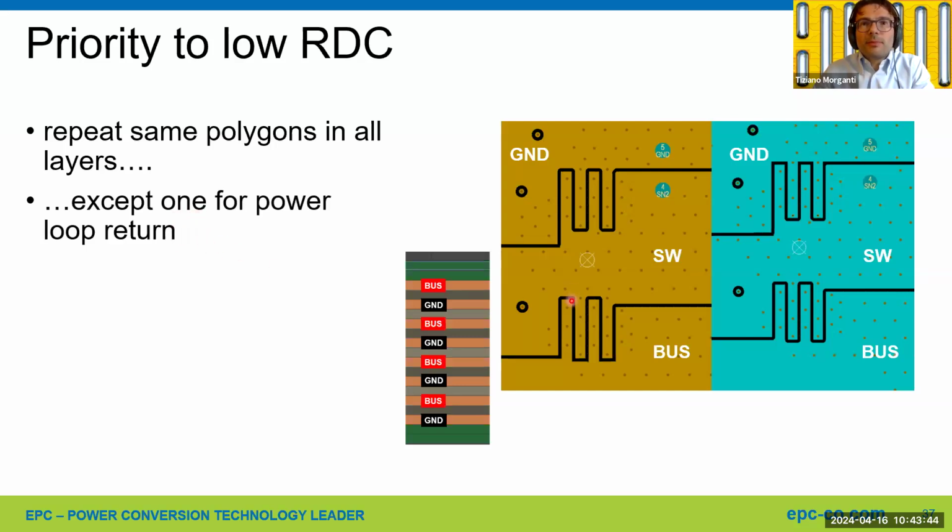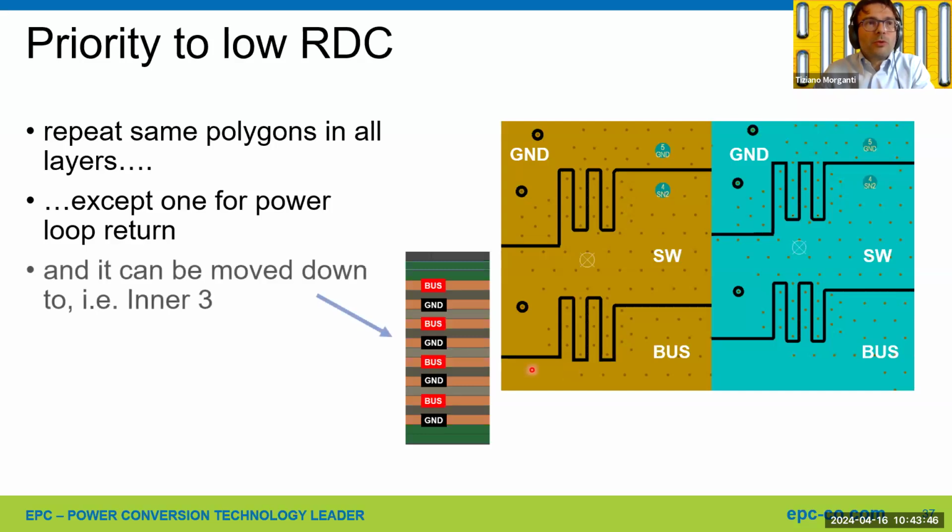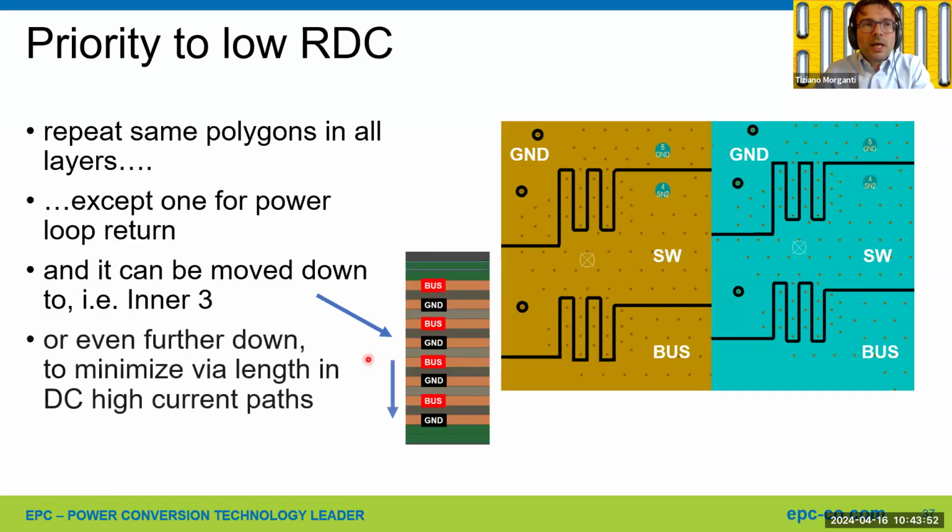So this power loop return can also be moved in an inner layer in order to make the vias shorter and allow a better utilization of the inner layers for the high currents.